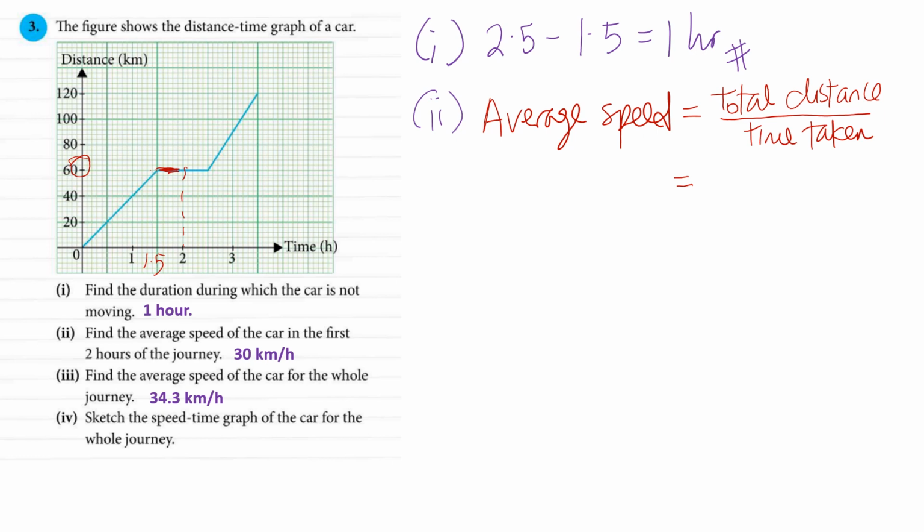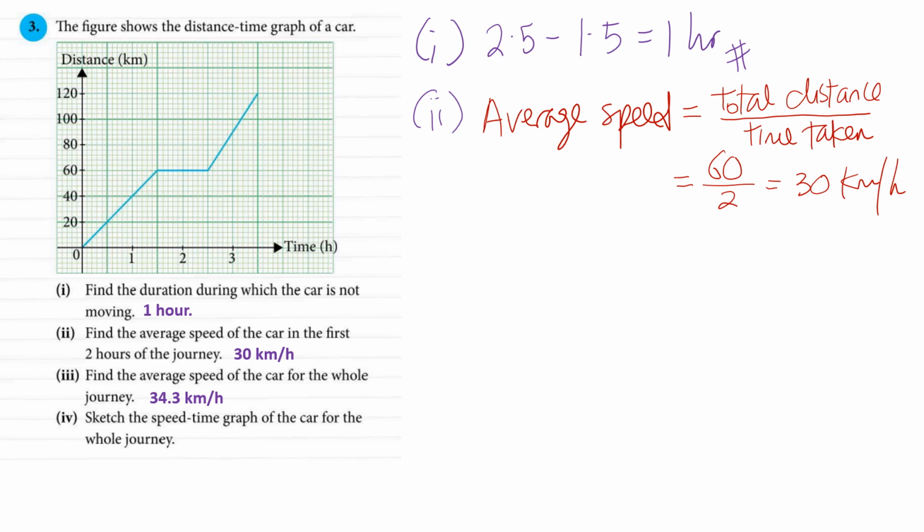There's no increase in the distance traveled. So the total distance traveled for the first 2 hours is just 60 kilometers. Therefore, you just take 60, divide by 2, and that will give you 30 kilometers per hour.